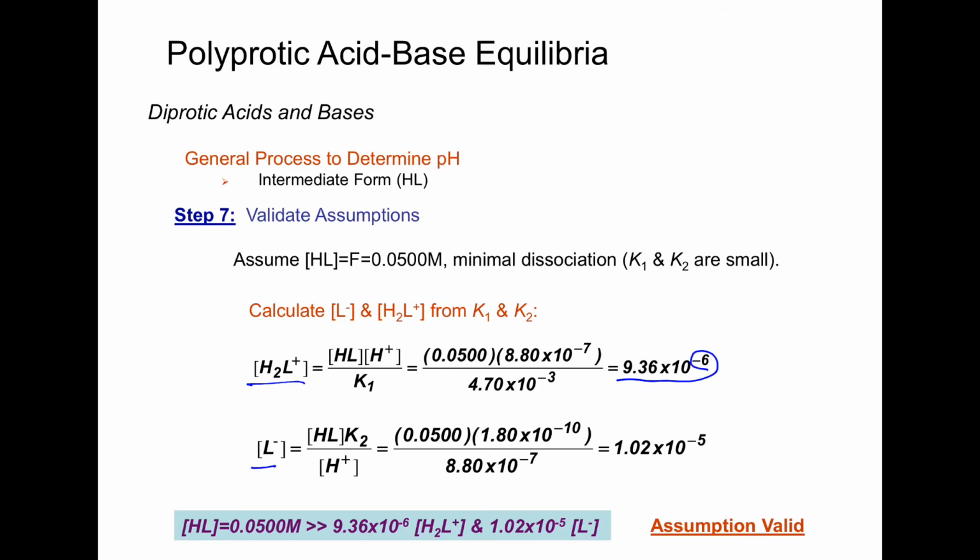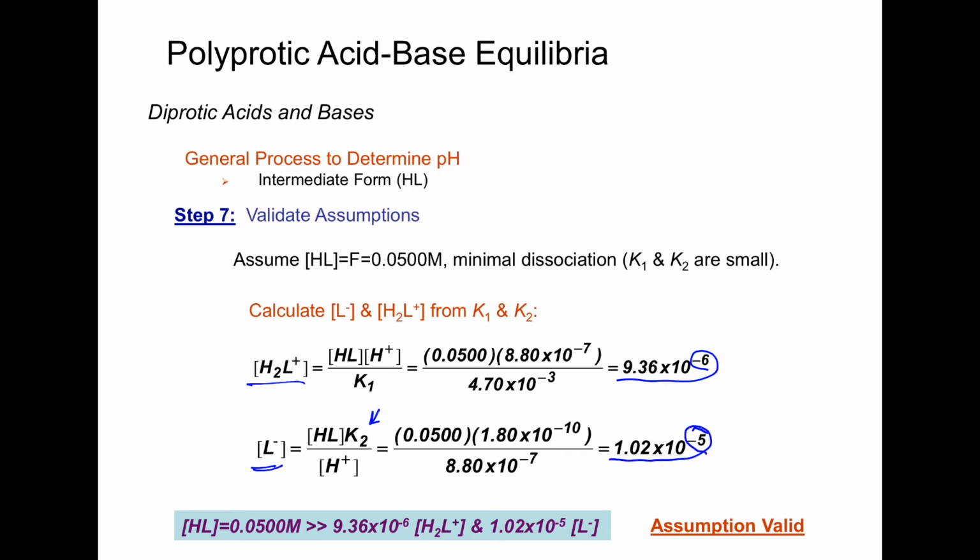For the L minus, we're using the rearranged form of the K2 expression, and we find that the L minus concentration is about 1 times 10 to the negative 5.